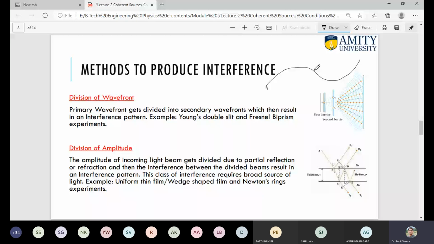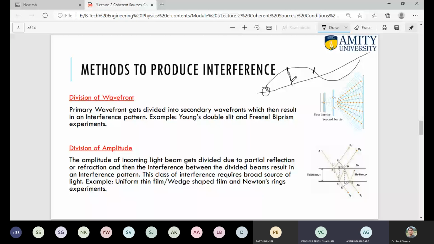These points at which you get minimum intensity or minimum displacement from the mean position, what do you call these points? Nodes or antinodes? These are antinodes, and these points at which you get maximum displacement are known as nodes.